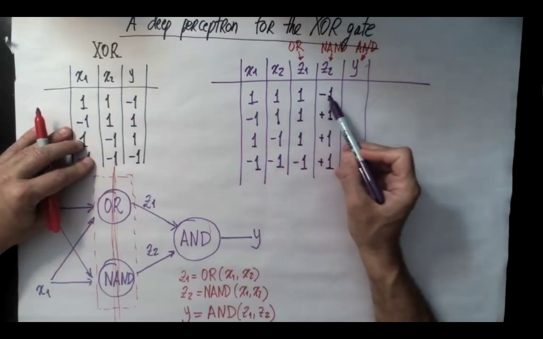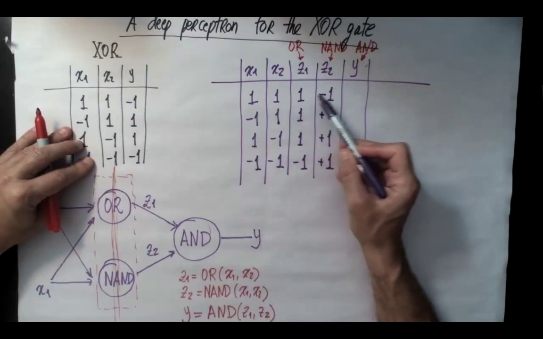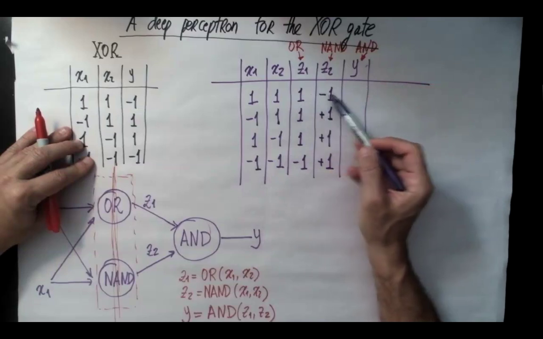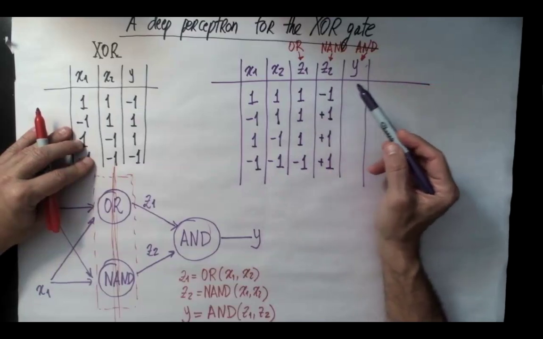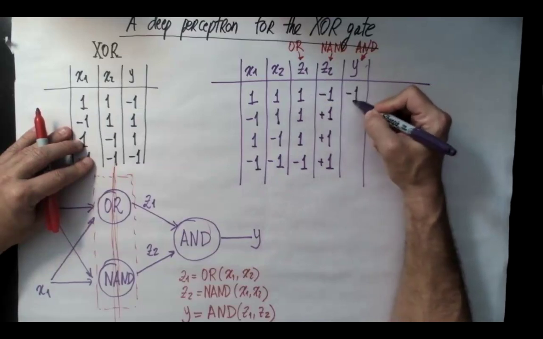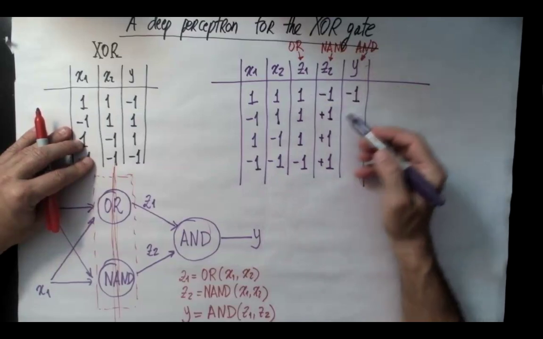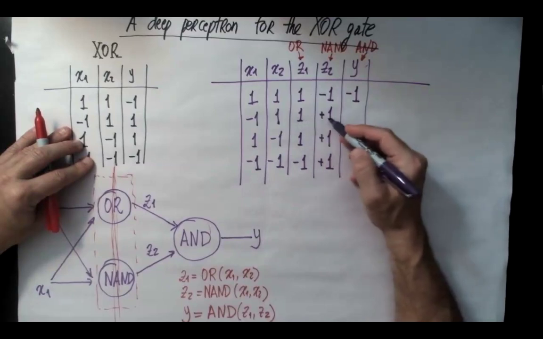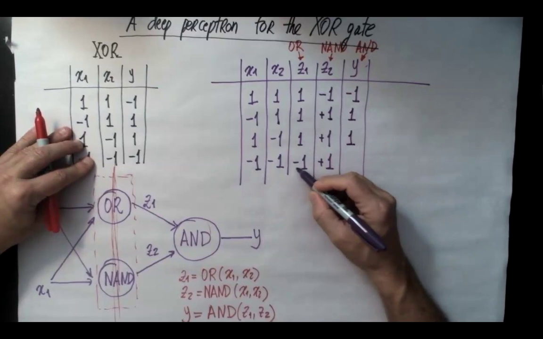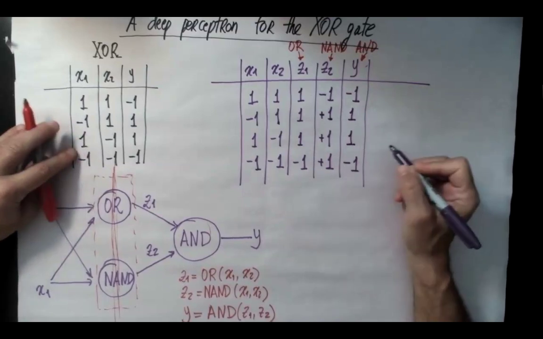Then we apply the AND Boolean operator to these inputs. So 1 and -1 gives us -1 because it's the AND. Plus 1 and plus 1 gives +1. It's going to give us 1, and it's going to give us -1.